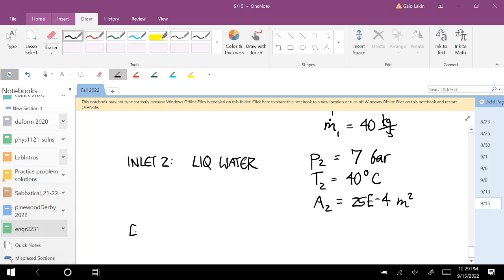And then at the exit, we have saturated liquid water. The pressure at the exit is 7 bar.